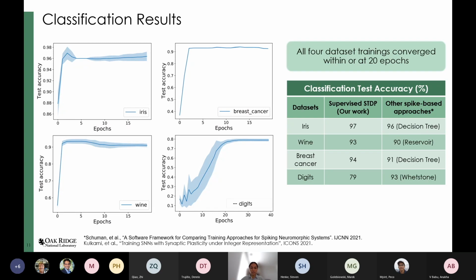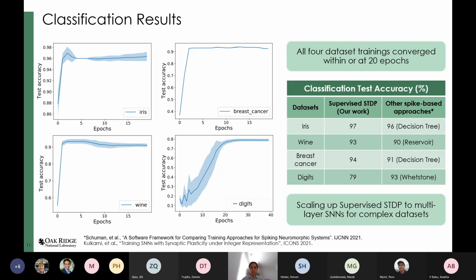For the digits, because it is a high dimensional data set and a much larger database than the other three, we weren't able to get to the best case with a simple two-layered network. So that's something that we are currently working on, to improve the learning ability with supervised STDP for complex data sets as well.